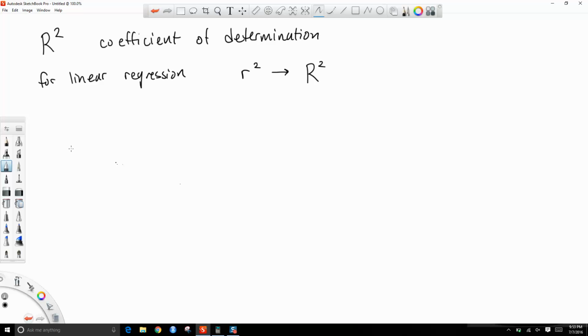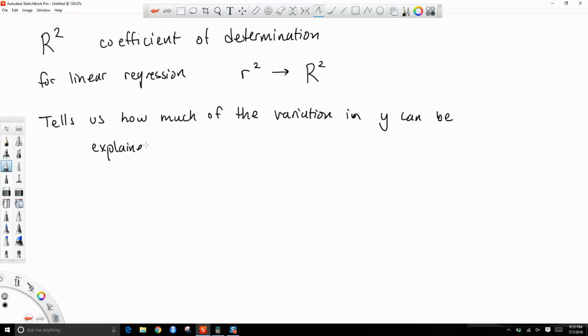What this tells us is how much of the variation in y can be explained by the variation in x.